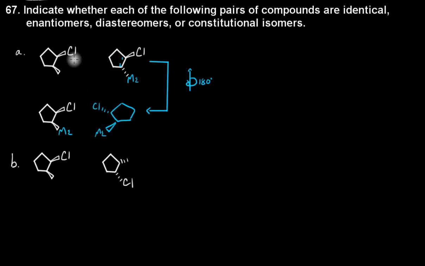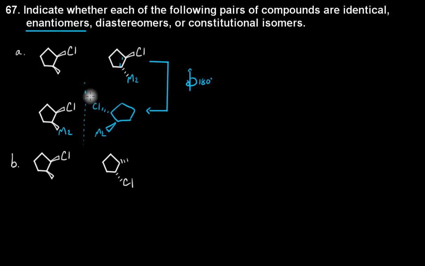If we look at these two and pretend we had a mirror right here, we can ask ourselves if these two might be enantiomers. You have to go back to the basic definition of the enantiomer: are these non-superimposable mirror images?